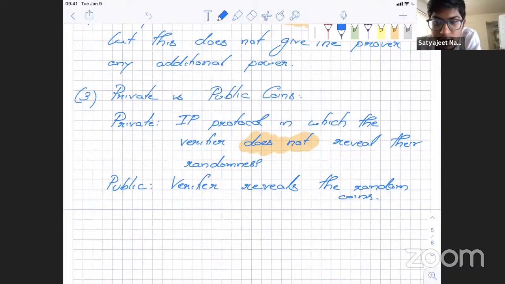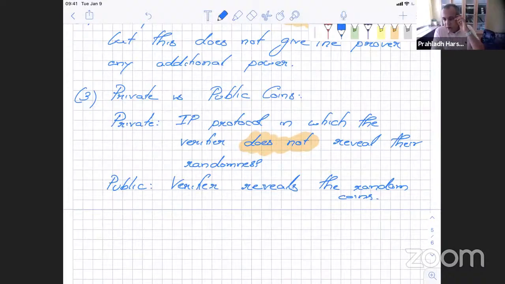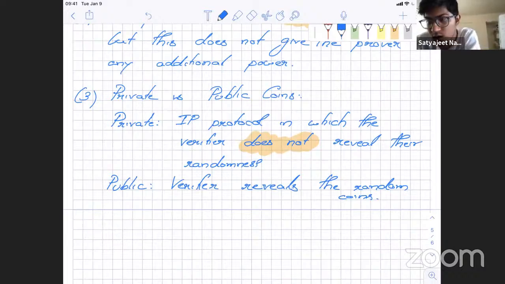Could you give an example of this IP where here we only had one question and one answer, right? We only sent an H and that guy gave you the C. Can you give an example where we have a series of conversations? One thing we already saw, in answer to Vinod's question, is that this IP protocol had only a soundness of half. If you wanted to get soundness 1/4, you repeated it twice.